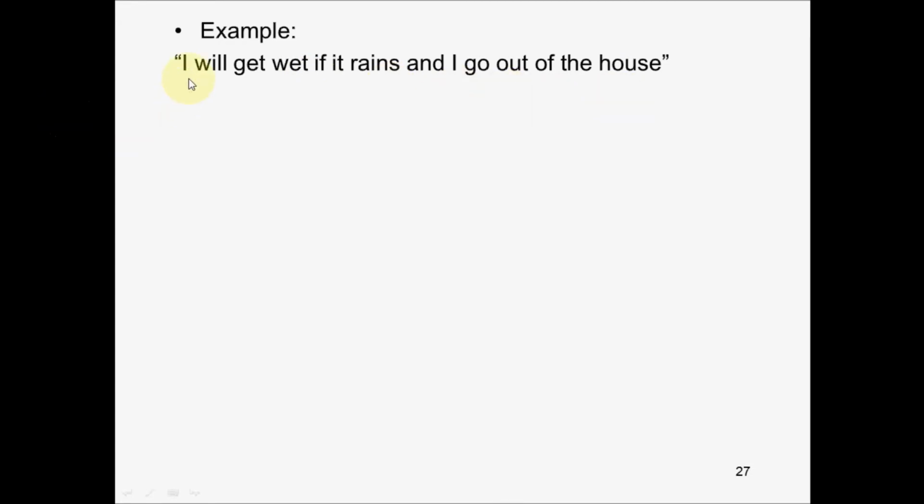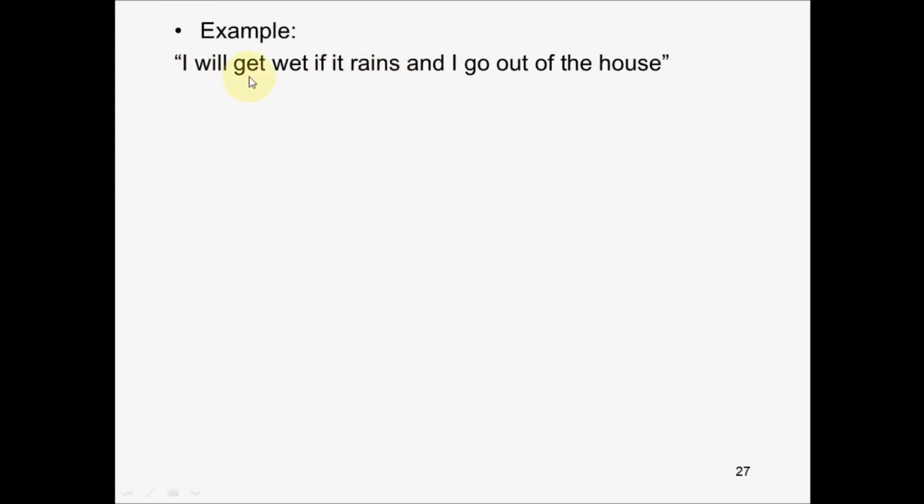If you look at this particular sentence, I will get wet is the first sub sentence. The second sub sentence is it rains.